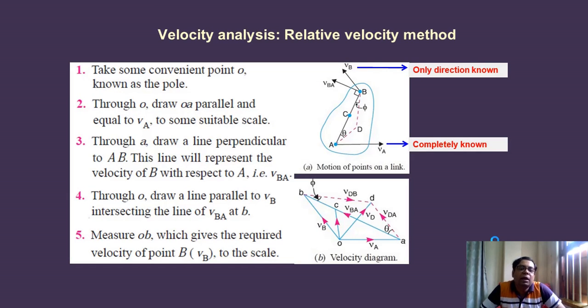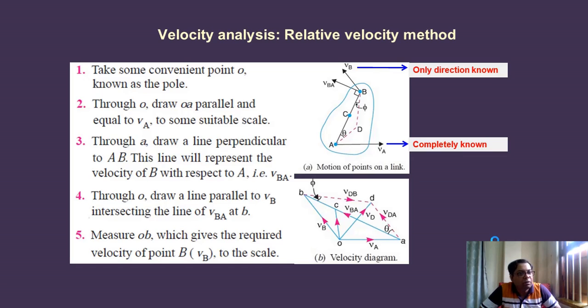Now, relative velocity method, today we are going to discuss. There is a special consideration for this particular figure. If you observe properly, you will find there is a point O, which is also known as the pole. Through point O, we have to draw OA, which is parallel and equal to velocity of A to some suitable scale.